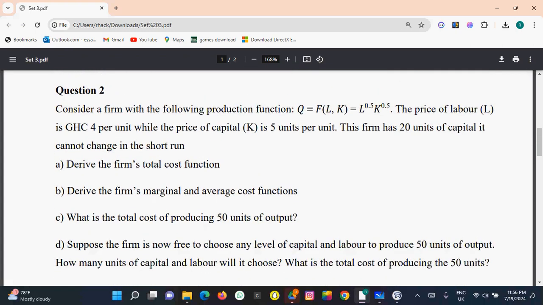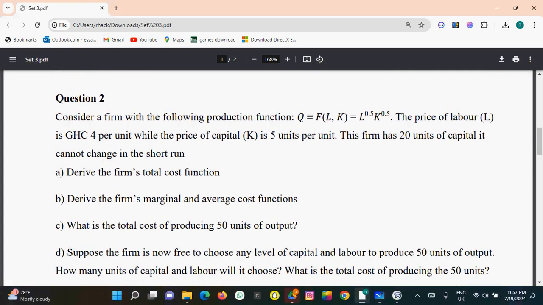So now they say we should derive the cost function, and then also we should derive the firm's marginal and average cost function. And also, what is the total cost of producing 50 units of output?